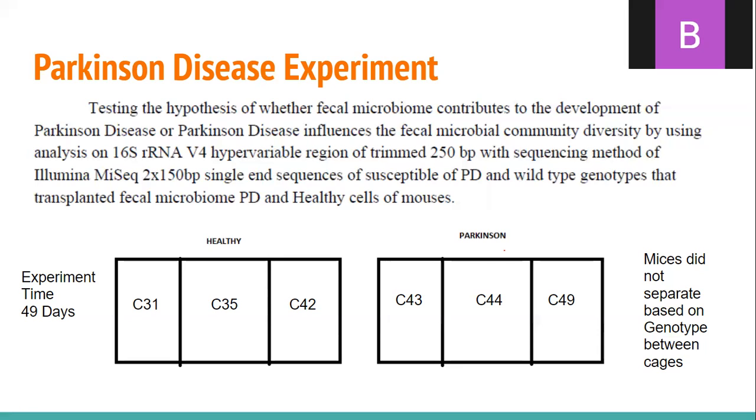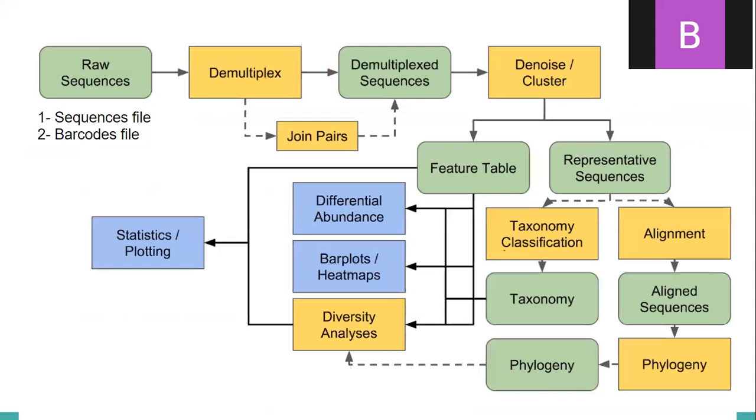Okay, then this is the basic experimental process, and we are going to do the analysis process. And this figure shows the overall analysis of every step in the Qiime-2 pipeline.